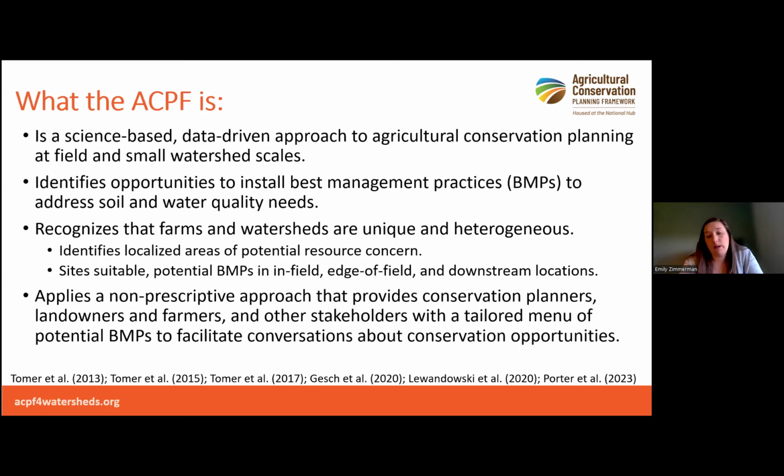So ultimately, what ACPF does is provide this really beautiful non-prescriptive approach for conservation planners, landowners, farmers and other stakeholders about all of the potential opportunities that field, farm, or watershed might have. So it visualizes and provides all of that data behind that visualization for folks to start to interact and engage with conservation.